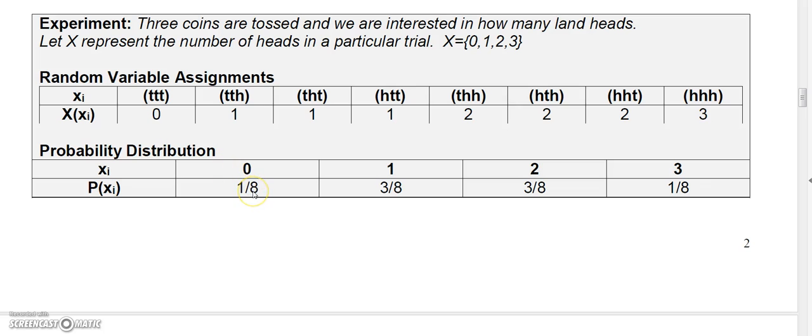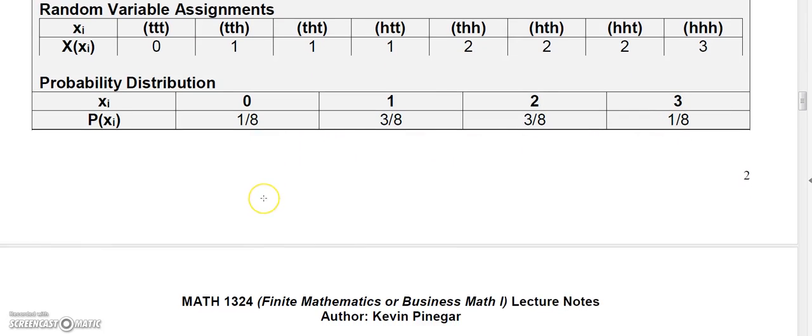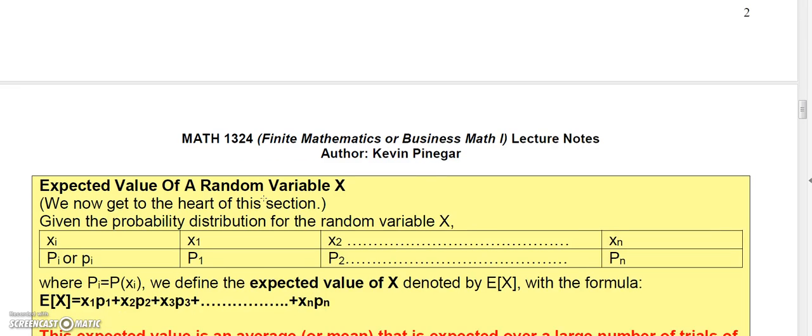So the probability of 0 heads would be 1/8. Now the probability of 1 head, notice there's 1, 2, 3 ways to get 1 head, so the probability of that would be 3 out of 8. And the probability of 2 heads is also 3 out of 8 because there's 3 ways that could happen. And then the probability of getting 3 heads would be 1 out of 8.